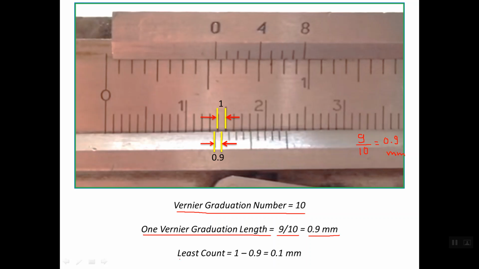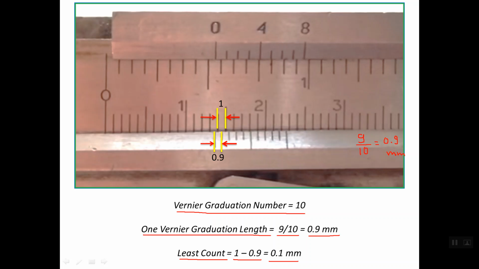So the least count is simply the difference between the minimum dimension on the main scale and the minimum dimension for one graduation on the Vernier scale, which is 0.9. So the difference is 1/10 mm, which is the least count.